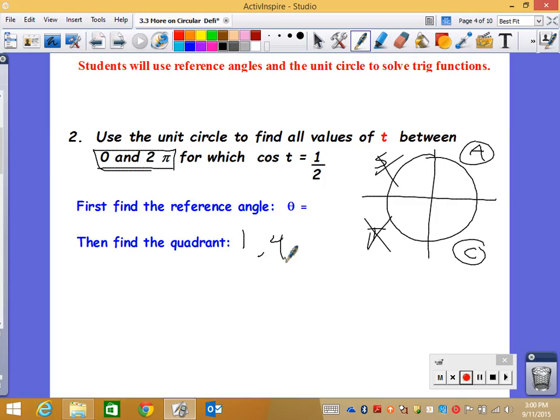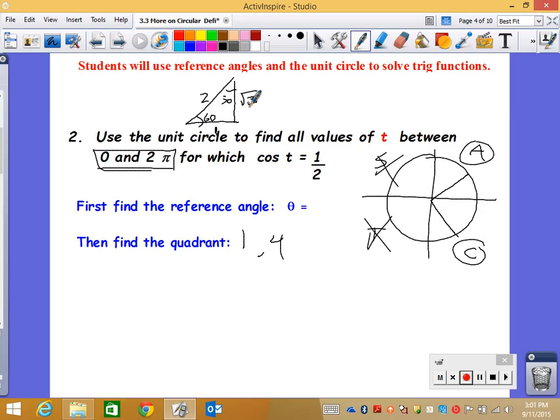Well, to figure out what these are going to be, we have to draw our triangles, draw our angles. If you remember back to special triangles, I'm going to draw a 30, 60, 90 triangle here. The side opposite 30 is 1, hypotenuse is 2, and the side opposite the 60 is square root 3.